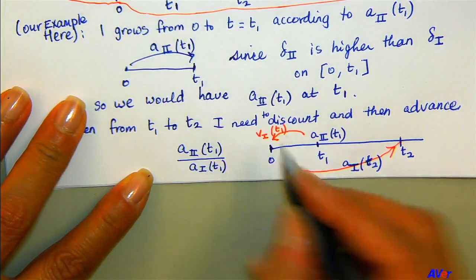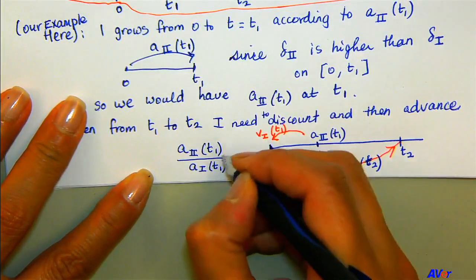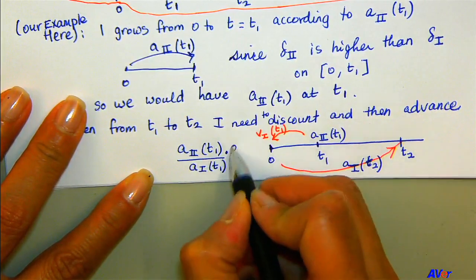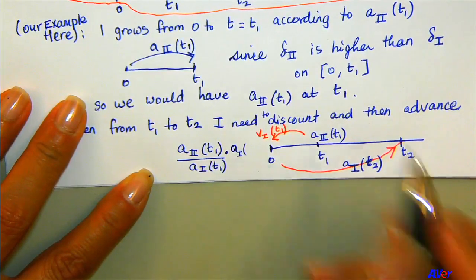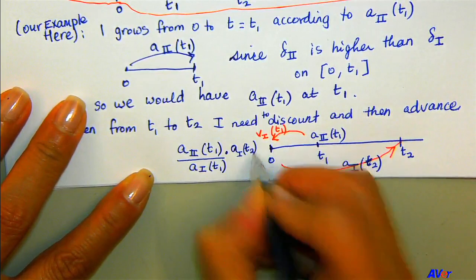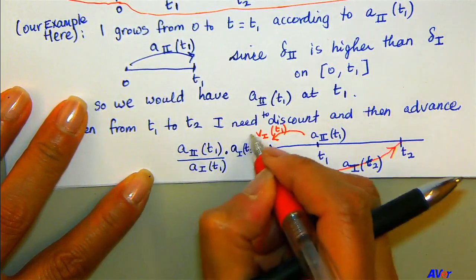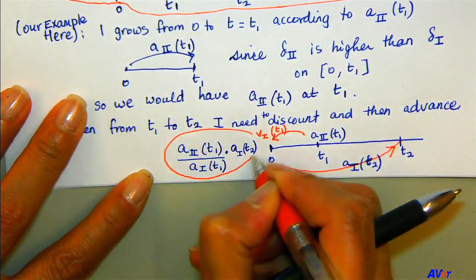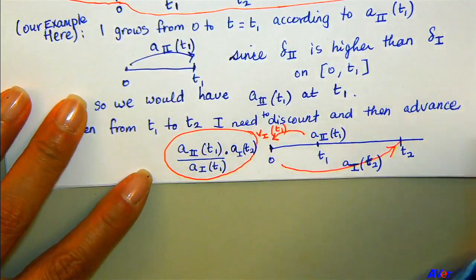So I would divide and then advance times A1 of t2. That would be my value at t2.